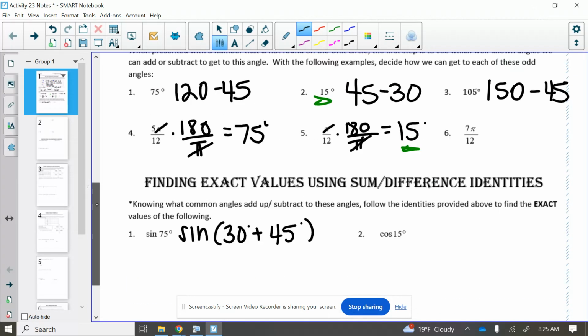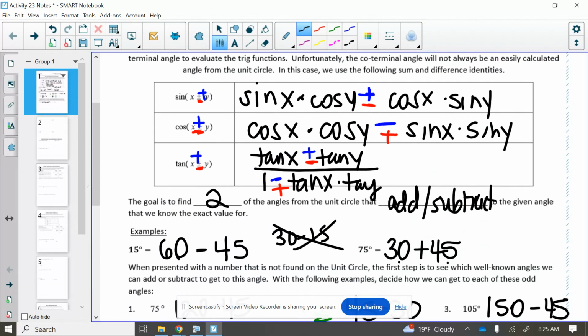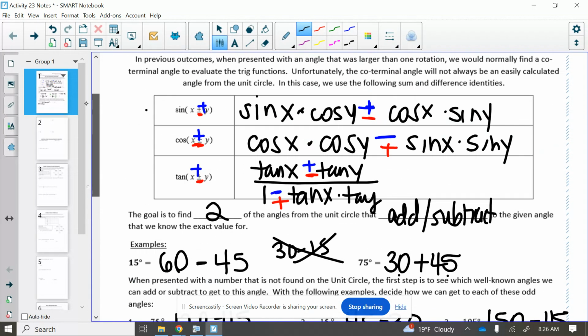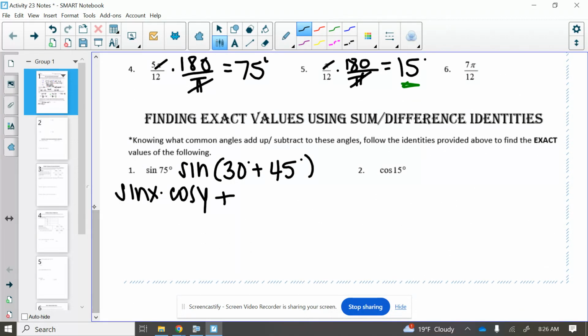Now, when we write this in our calculator or in our actual formula, we're using the identity above, because sine of 30 plus sine of 45 isn't just going to give us the sine of 75. Too easy, right? So we would have sine of x times the cosine of y. And since this is a plus sign, we'd have a plus sign because they match in this one, blue and blue. Cosine of x times the sine of y.